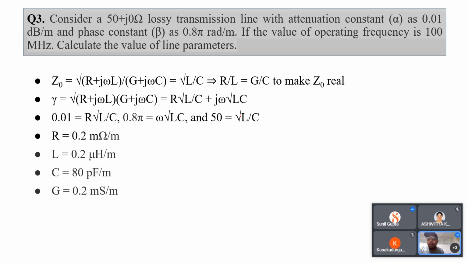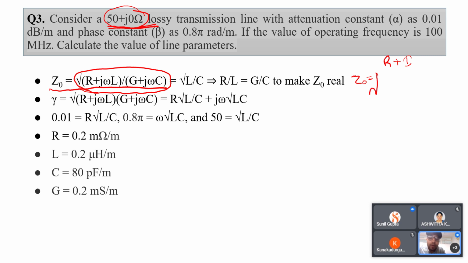As I said, z naught is defined as root of R plus j omega L over G plus j omega C. If we solve this equation, we will get a real part plus an imaginary part. But in this numerical it is shown that the characteristic impedance is real only. So how to get this real part, that we will see. So z naught is equal to root over R plus j omega L upon G plus j omega C.